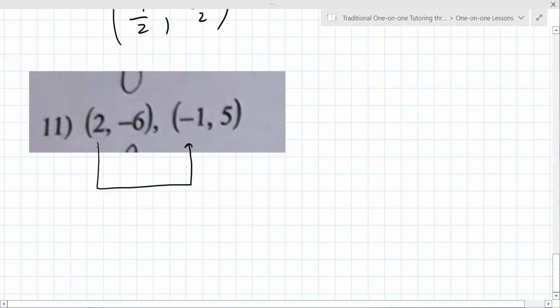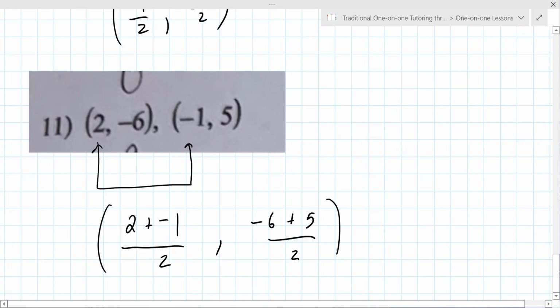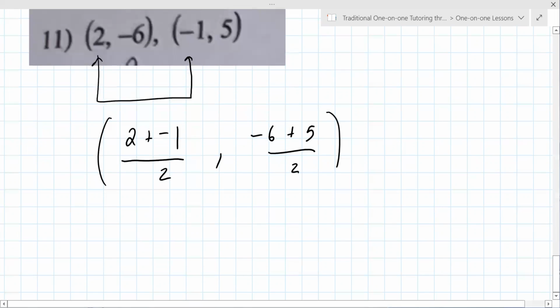But last one here, you're adding the x values. -10 on the right. You're adding 2 plus -1. Oh, I was on the other side. Okay, -6 plus 5. It's good to write them out. -11/2.